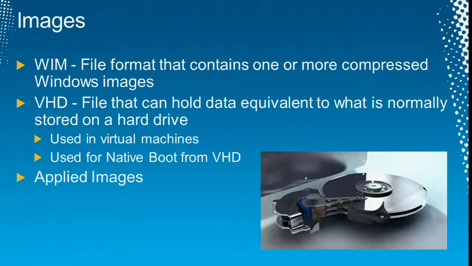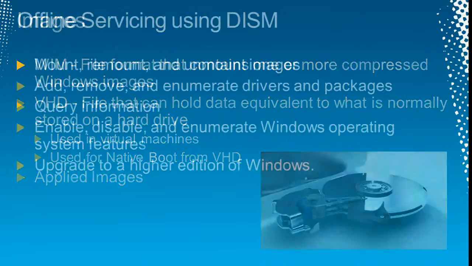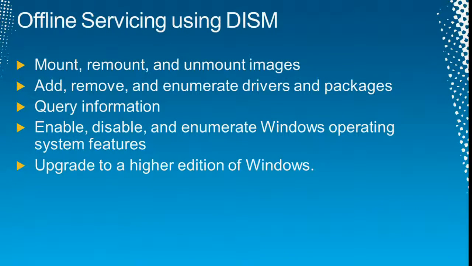But back to offline servicing, it's applicable to both WIM images, to VHD files, and actually also when we have applied the image to a drive before booting it up. So we can mount and remount and unmount images, of course.